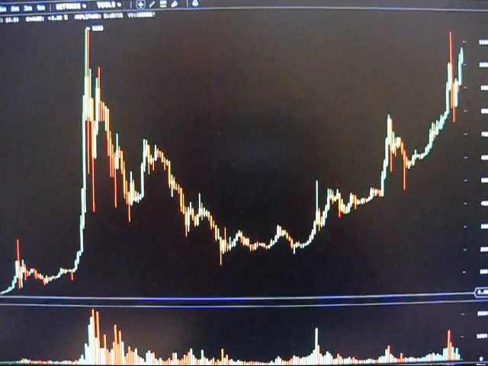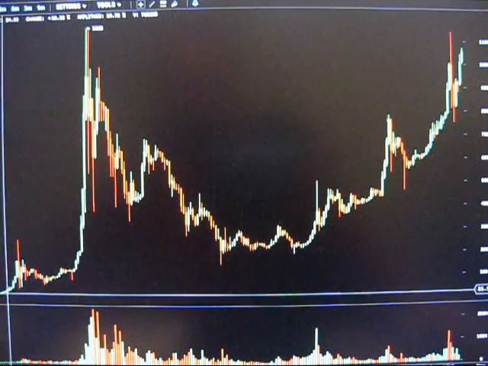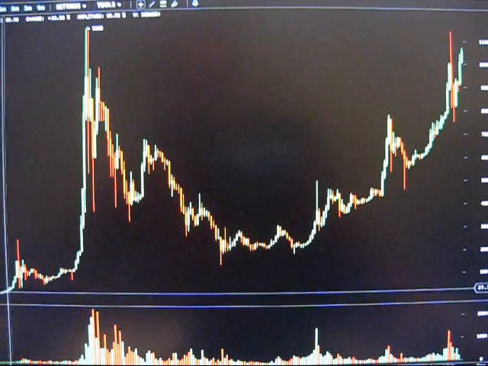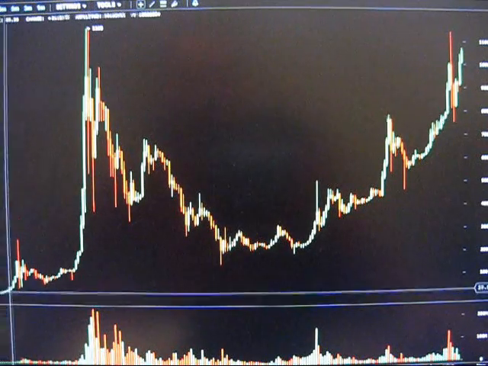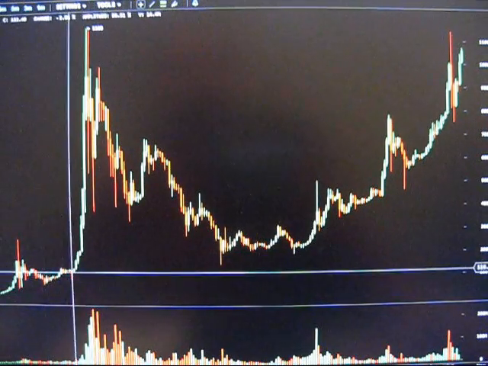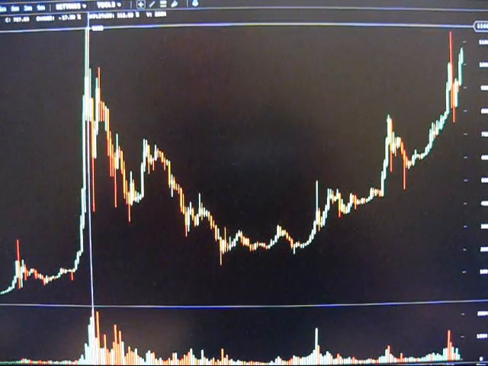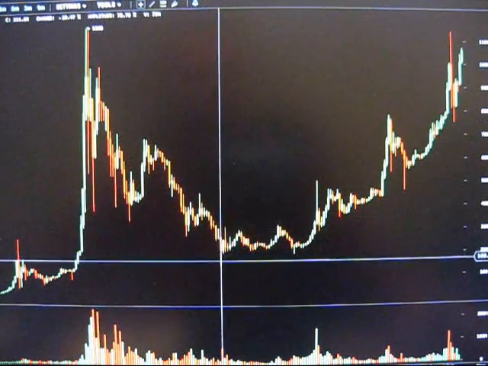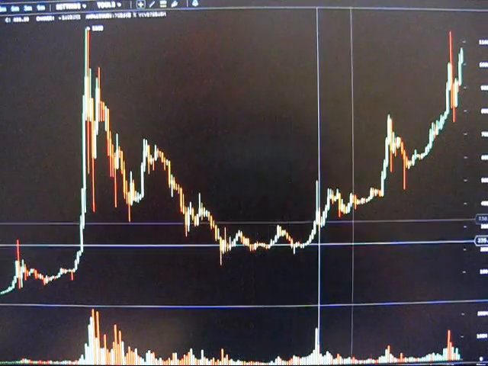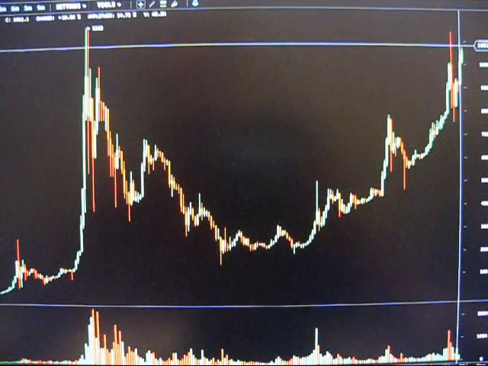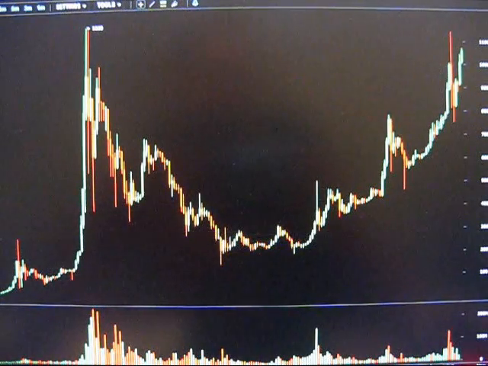I was definitely not advocating for it back then. I was just watching it and interested in it and mocking it for the most part until it started to do interesting things. Of course, now Bitcoin has gone to 1100, has gone back down to 150, and it has gone back up to 1100.